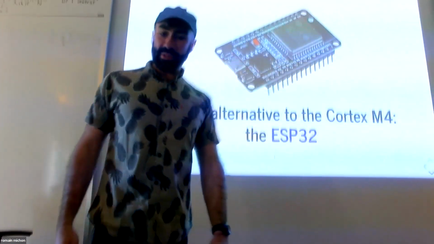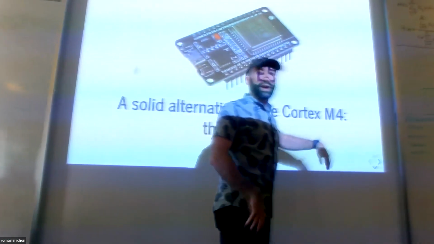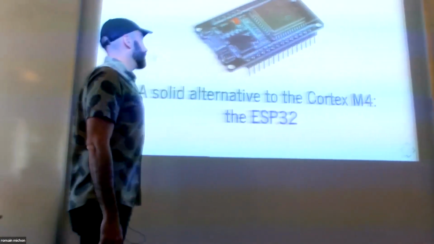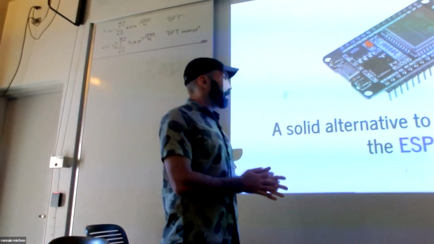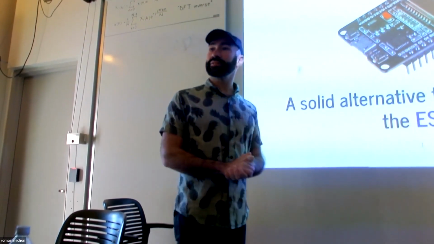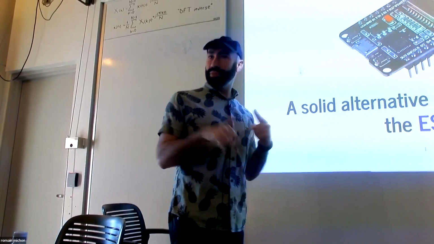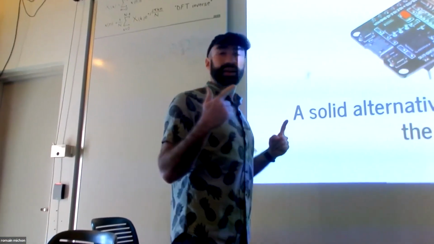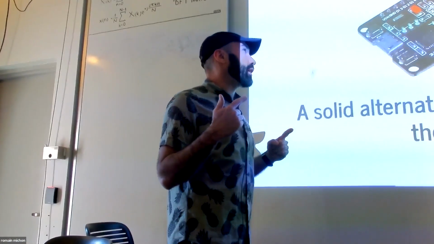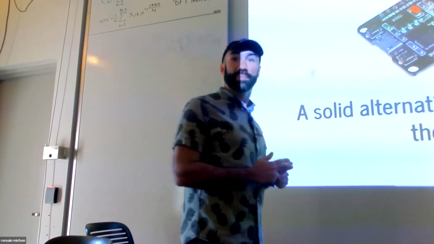So the ESP32 is basically a competitor of the Cortex M4 and M7. And it has a couple of advantages over Cortex M4 and M7 based systems. And mostly they have Bluetooth built in, they have Wi-Fi, and they're made by a Chinese company, which means that they're much cheaper.